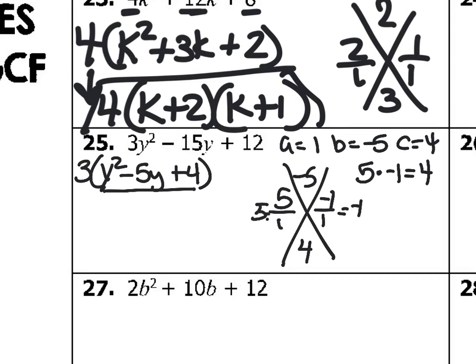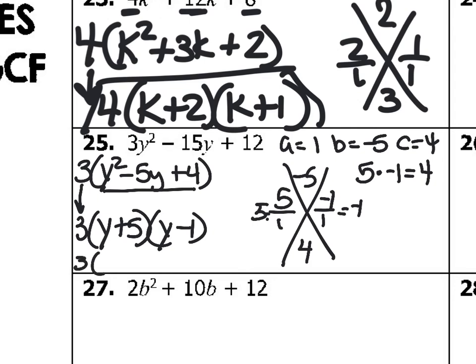So bring down your GCF. And it's going to be y minus 4 and y minus 1. You say, well, does it matter if I do 3 times y minus 1 and y minus 4? It's the exact same thing, all right?